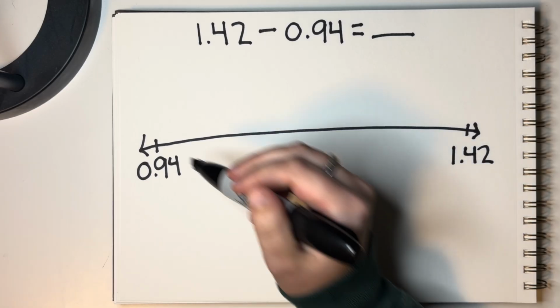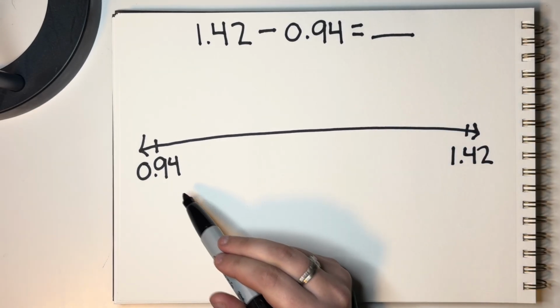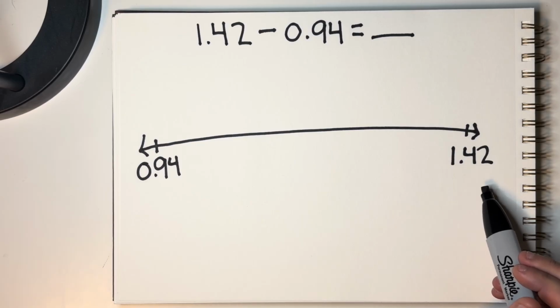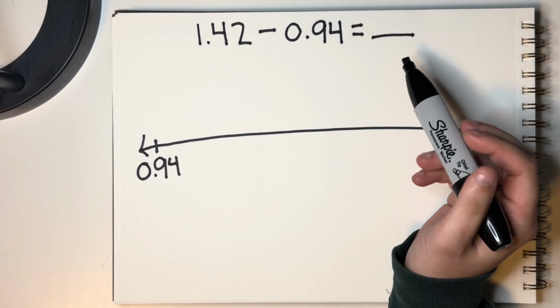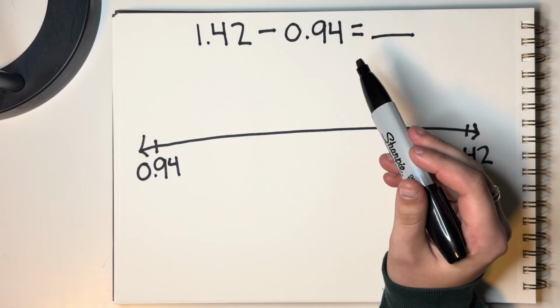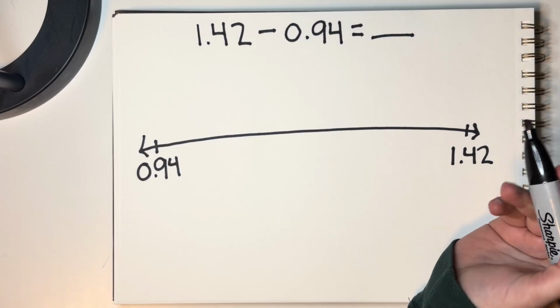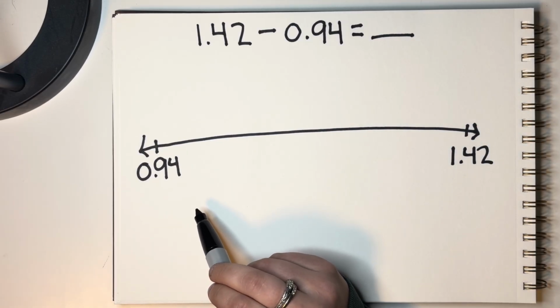So I will start to take jumps on this number line from 94 hundredths until I get to 1 and 42 hundredths. And the total amount of jumps that I take is the same answer I would get if I did the last strategy. So the answer we're going to get is 48 hundredths, but I'm going to show you how we would get that by adding to subtract using a number line.